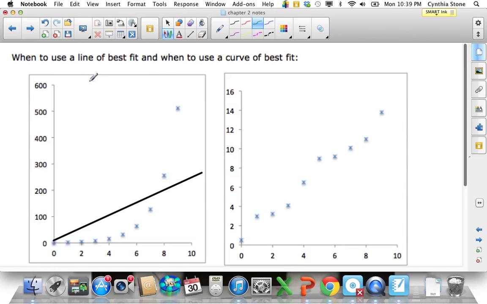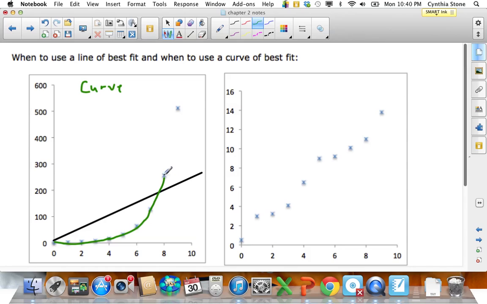Okay? And if I was going to draw the curve, I could probably follow this data fairly nicely if I was better at using my pen. But you could pretty nicely follow this data all the way through with a curve. Okay? And a curve you wouldn't use a ruler for. So my choice to be lazy and not use a ruler works just fine on a curve of best fit.